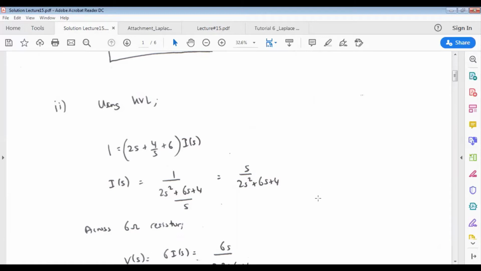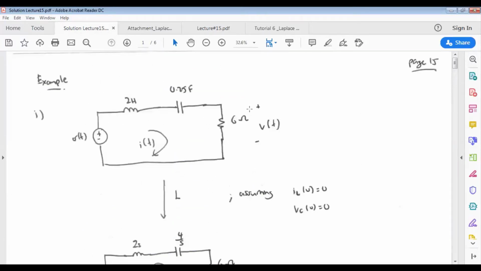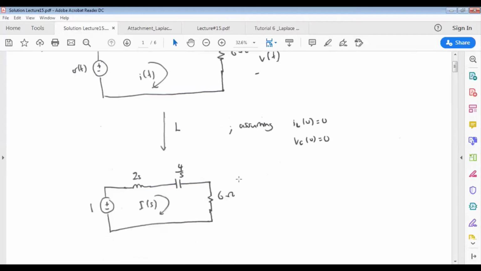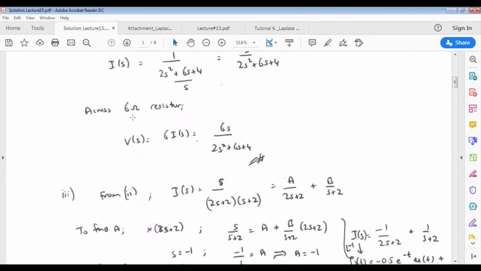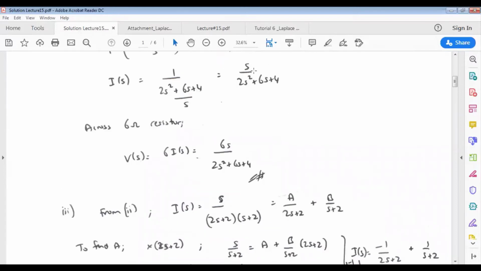Vs basically is the voltage across the 6 ohm resistor, so Vs will be 6 times Is, which is 6s over 2s squared plus 6s plus 4.